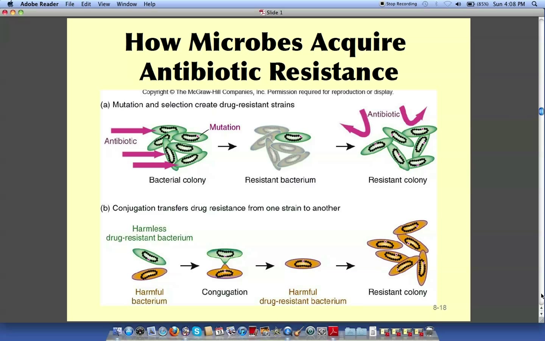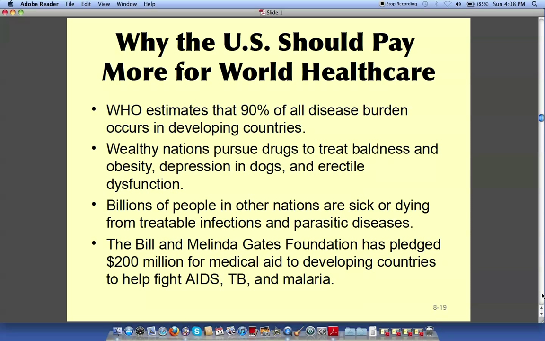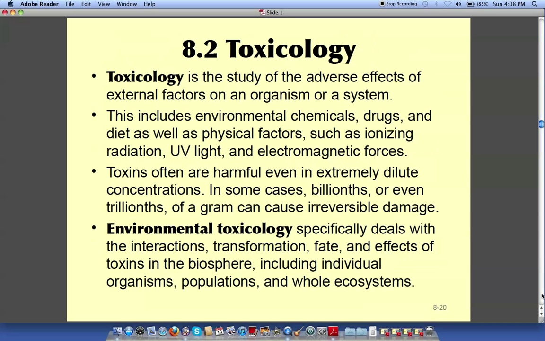Okay, here's an example of how microbes acquire resistance, and I'm just going to let you read through that and read through some of this toxicology. Environmental toxicology deals with interactions, transformation, fate, and effects of toxins in the biosphere.